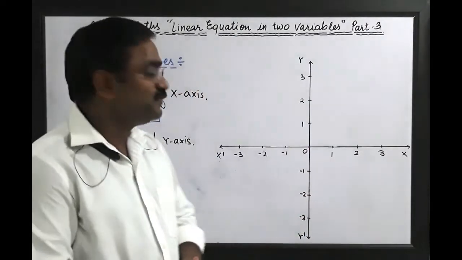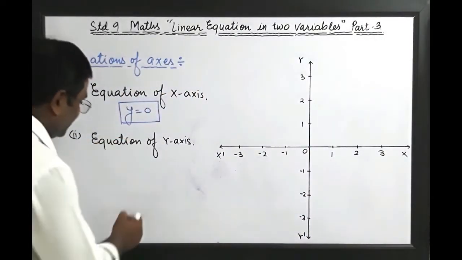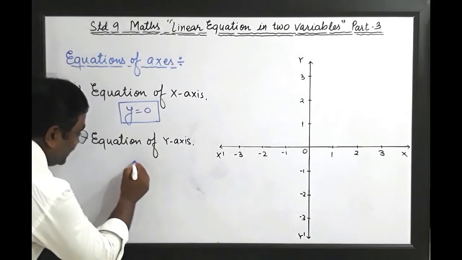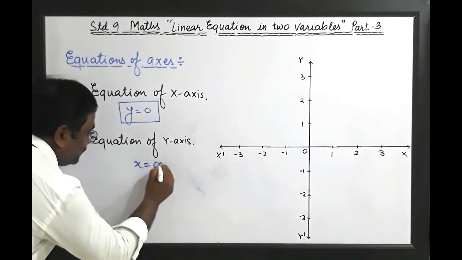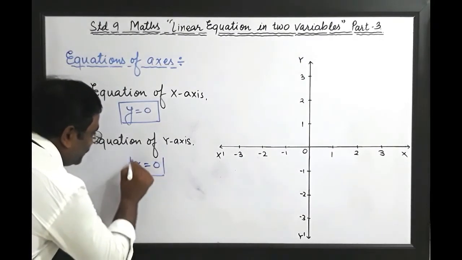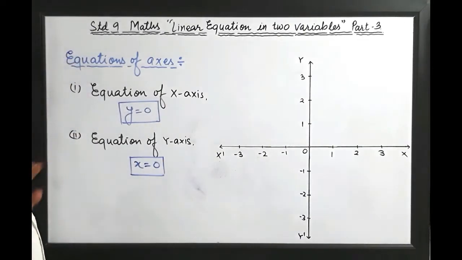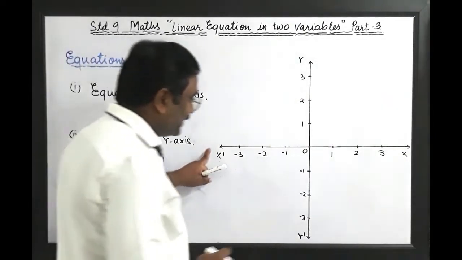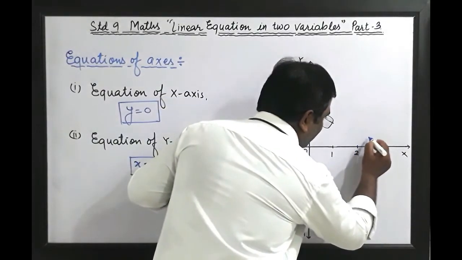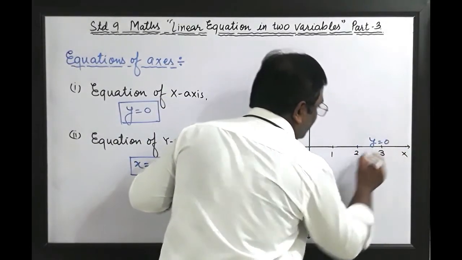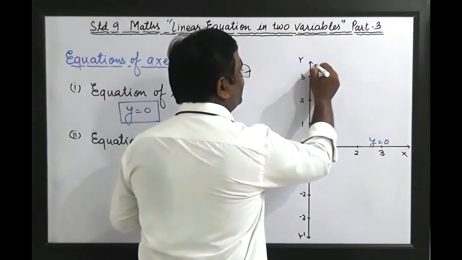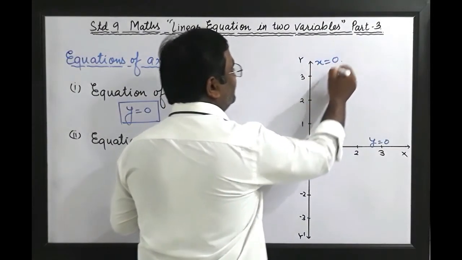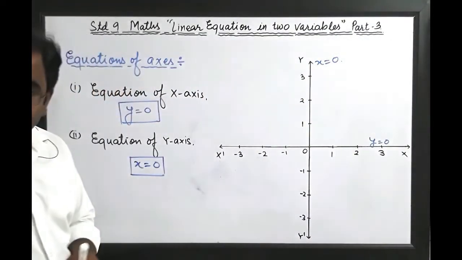That's why the equation of y axis is x is equal to 0. Right? So you just keep it in mind. Equation of x-axis is y is equal to 0 and equation of y-axis is x is equal to 0. Right, children?